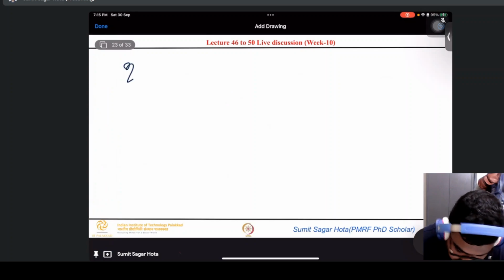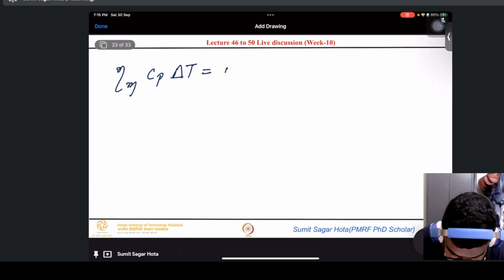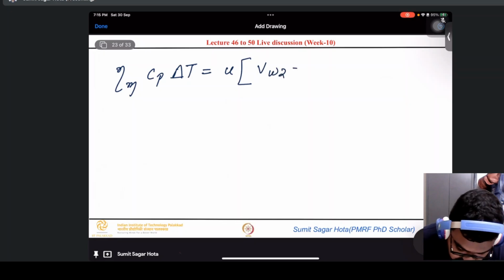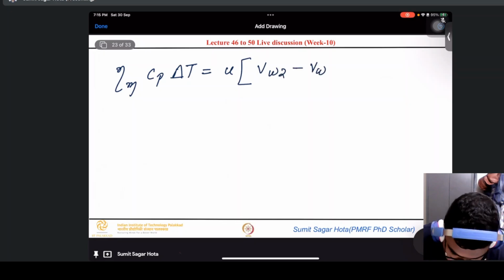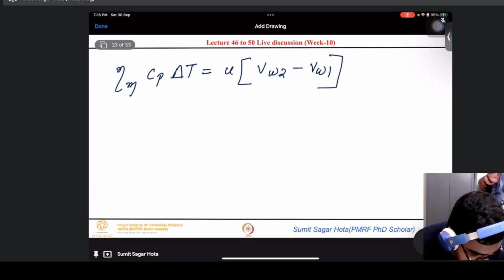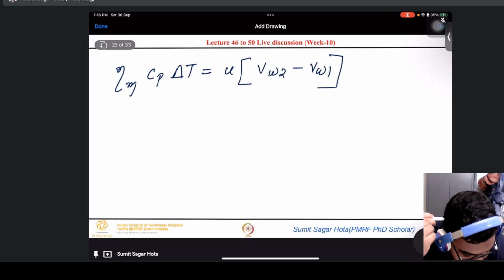Again you apply the power conversion equation: mechanical efficiency Cp delta T. Here delta T is directly there, so directly we write down delta T. No need of T2. If it is required, we can again find out. So Bw2 minus Bw1.